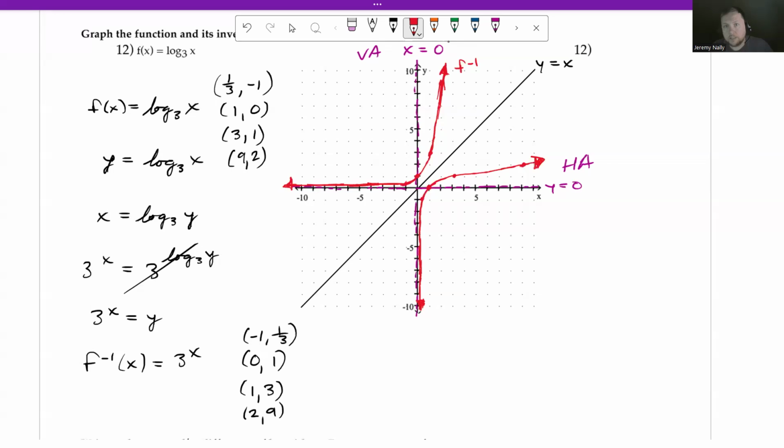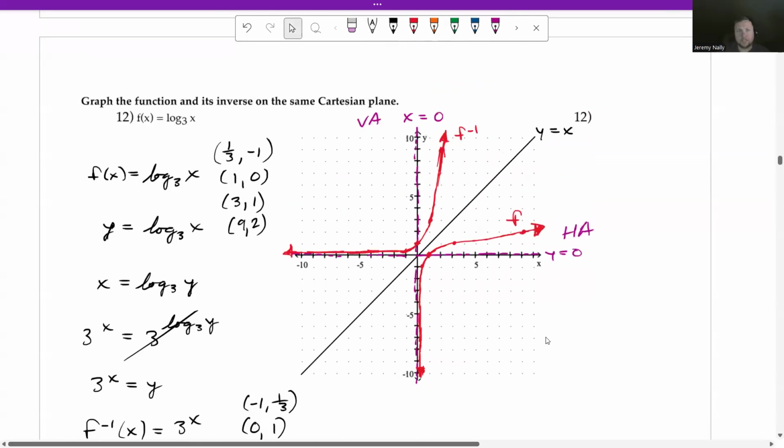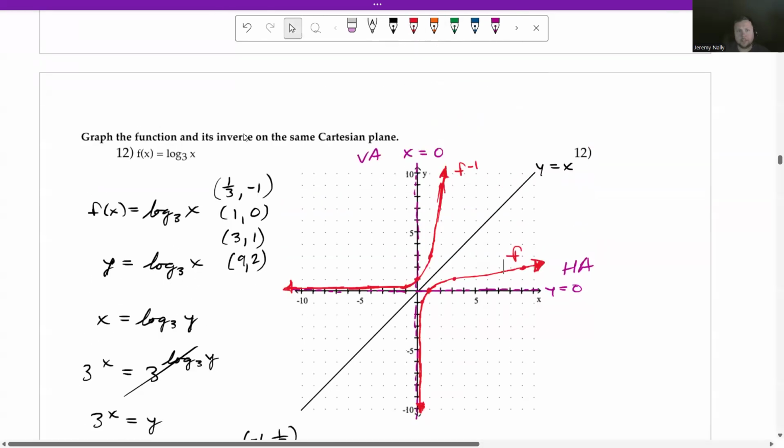Okay, and then there's f. Okay. And you can see that they're symmetric about the identity function y equals x. Okay, and that's all we needed for that one.